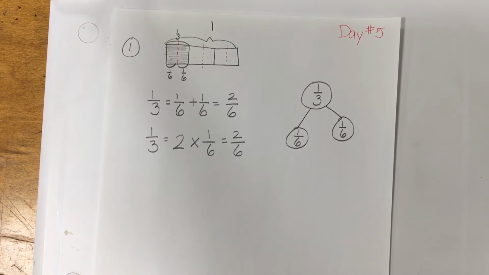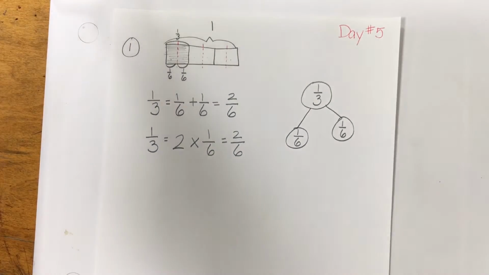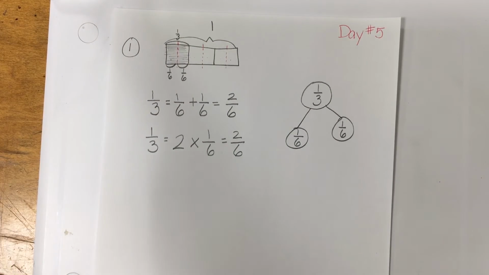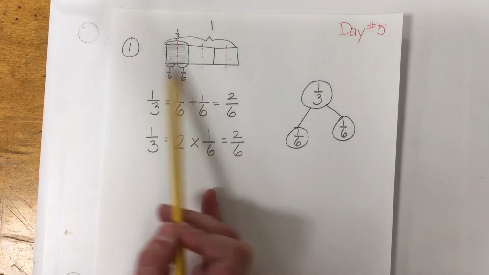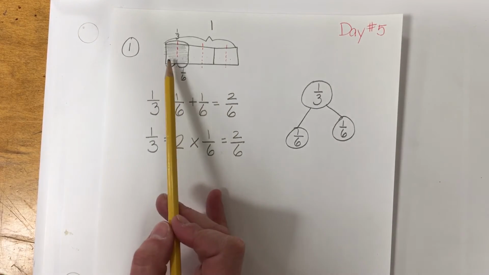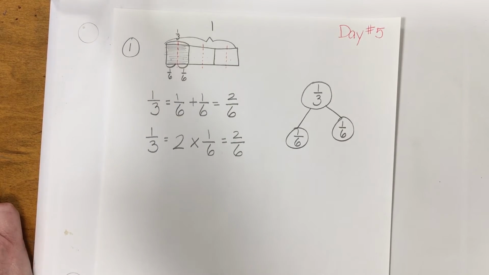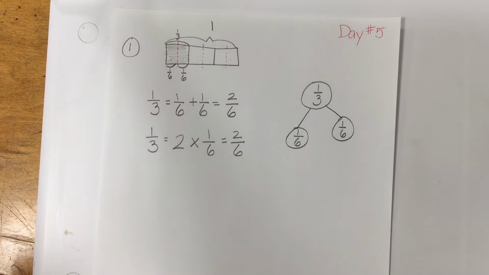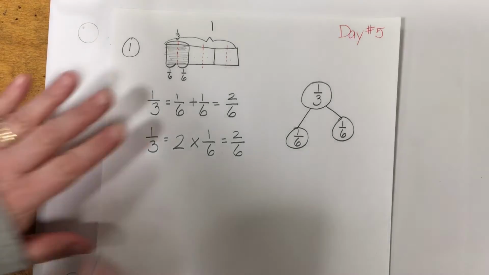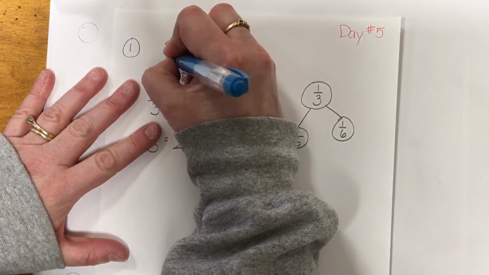Now, all right, we got that. We're going up another level. Now, we're going to take the same tape diagram and we're going to decompose each 6th into 2 equal parts. So, here we go.